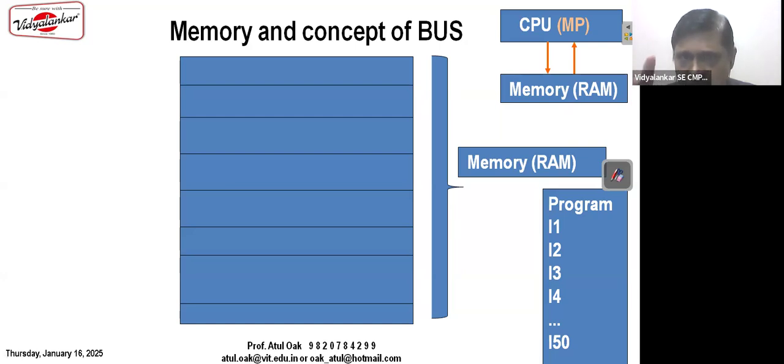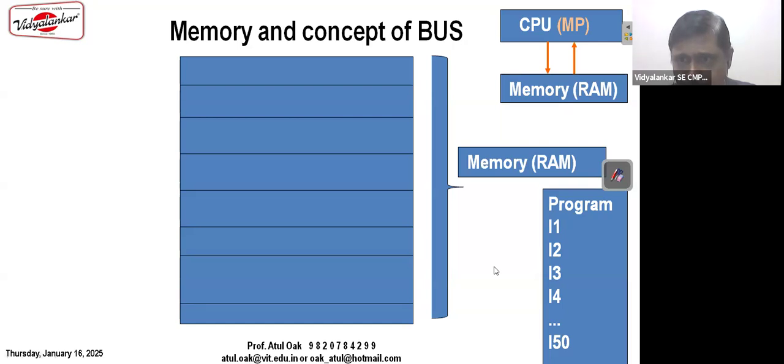Now you have to answer my questions in the chat box, and I'll be developing the concept. I repeat, this is my microprocessor, our subject. This is a memory called RAM. This is a program, any program: C, Java, assembly.